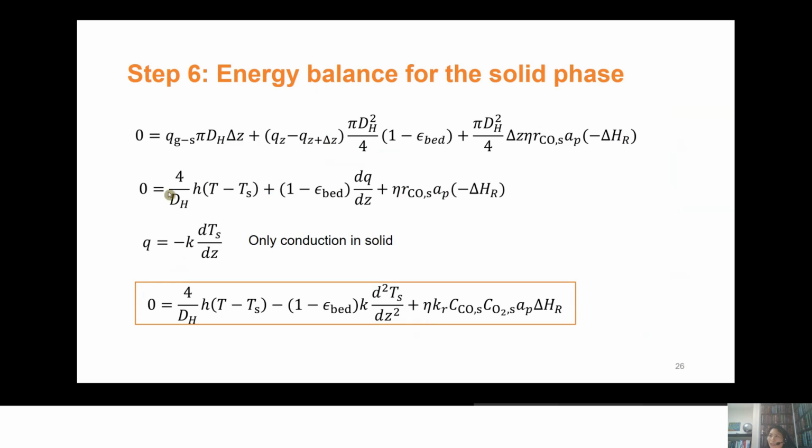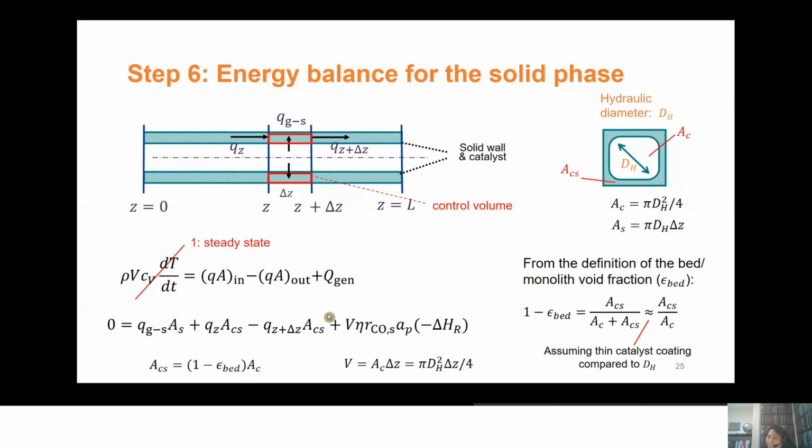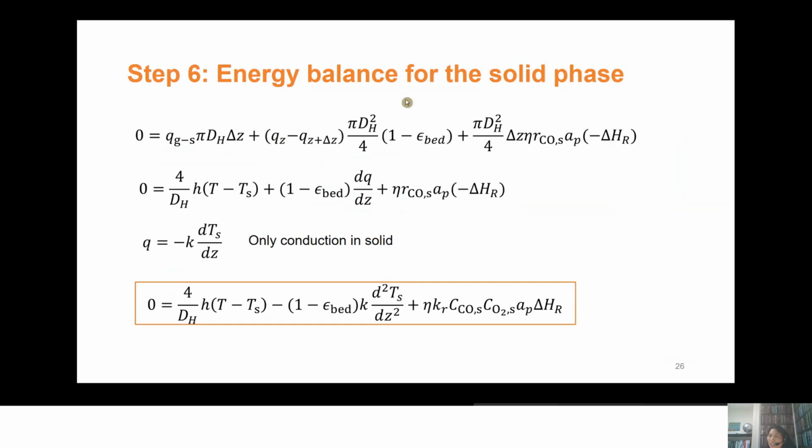Okay, so substituting in ACS into here and the volume into here, we will get this expression here. And then we divide by pi dH squared over 4 times delta Z. And then we substitute in the expression that we have for QGS.